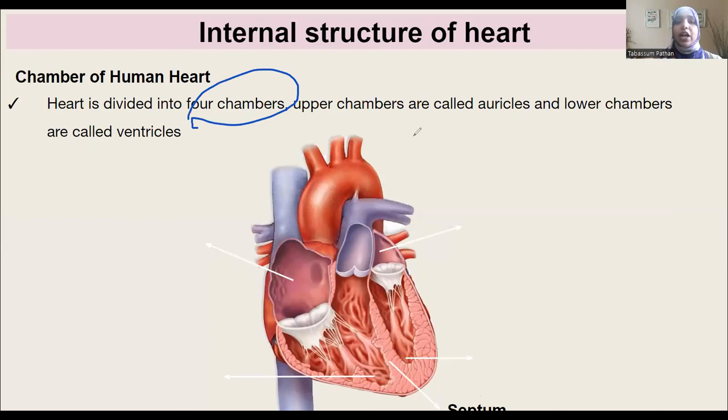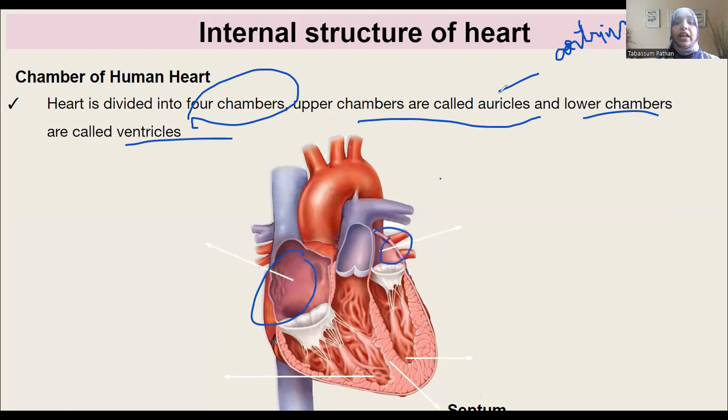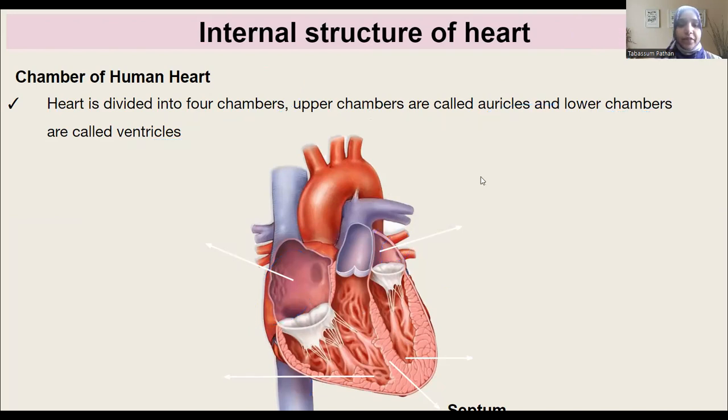The upper chambers are known as auricles, or another name is atrium also, and the lower chambers are known as ventricles.